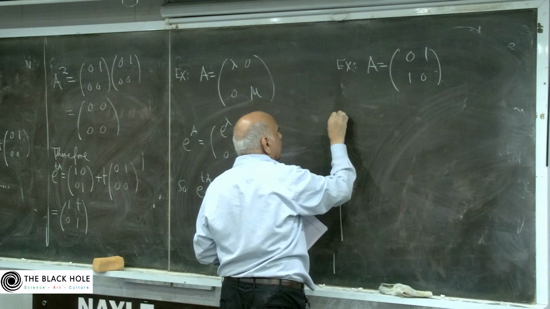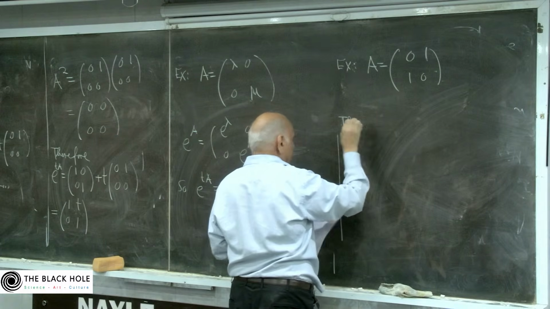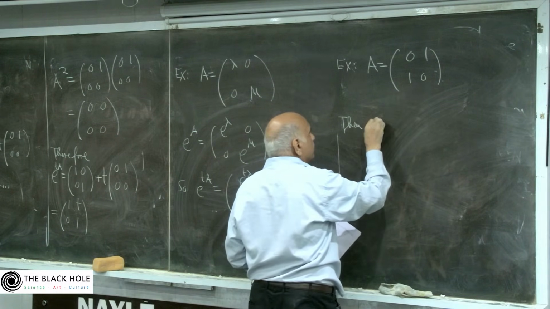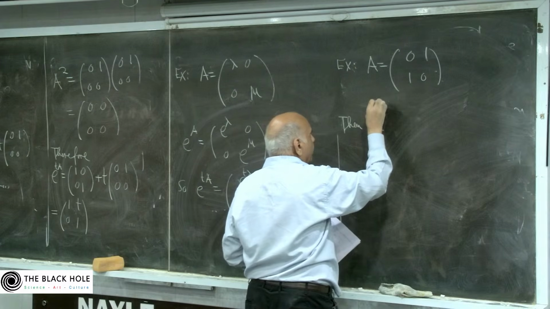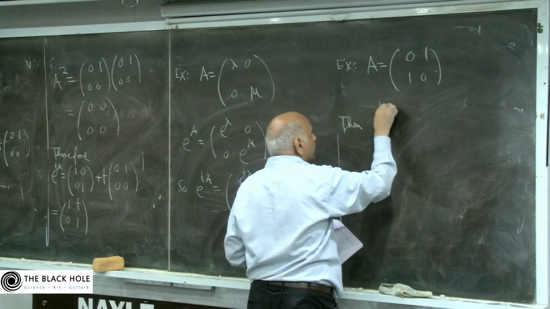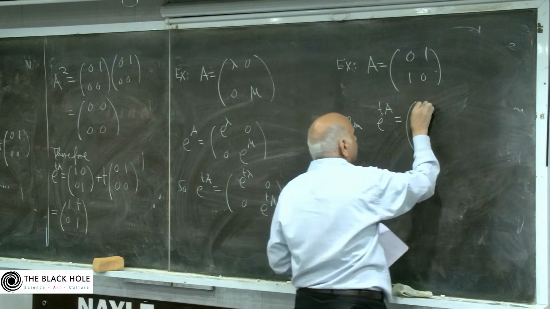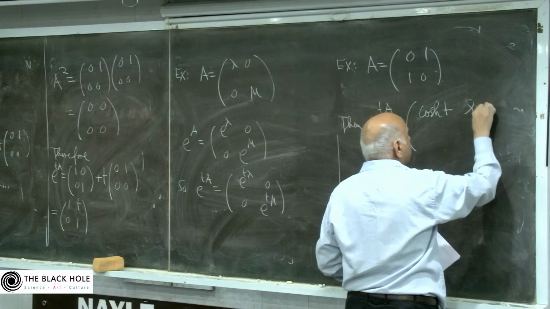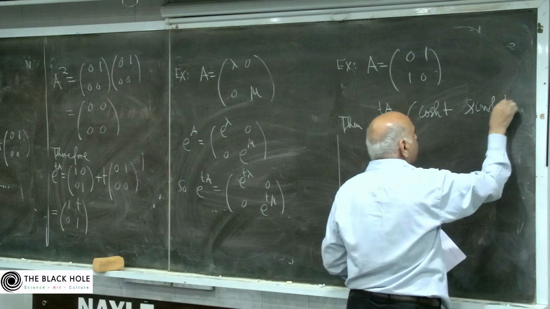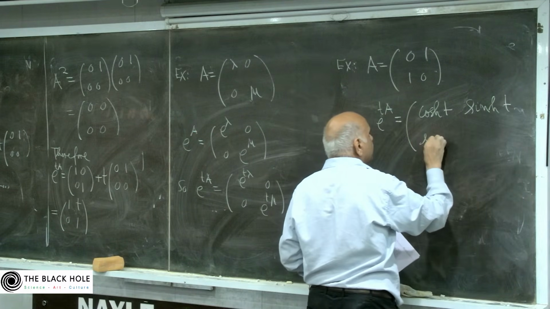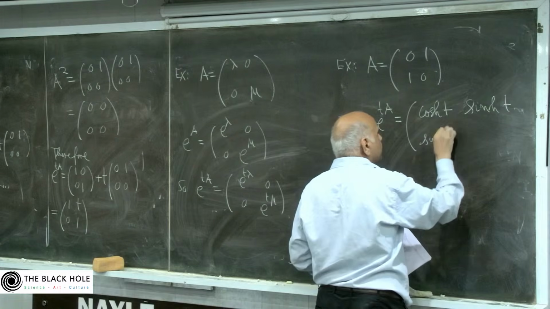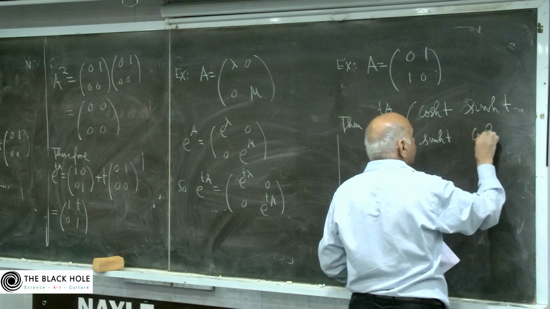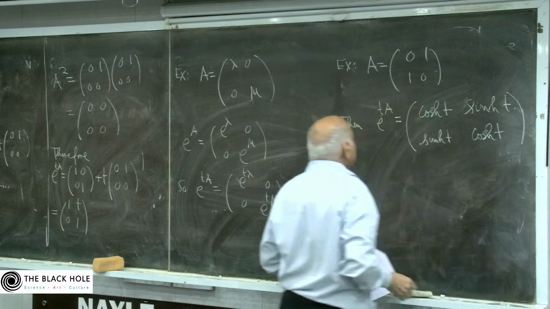Then e to the power of TA is cosh t, sinh t, sinh t, cosh t.